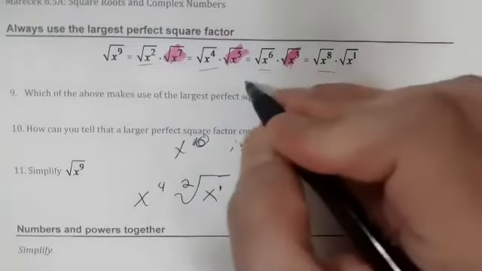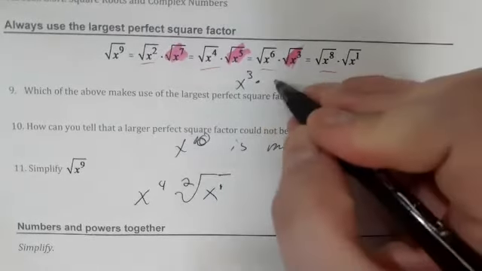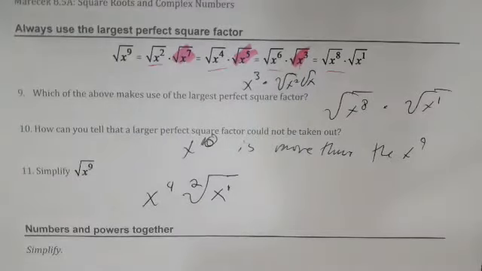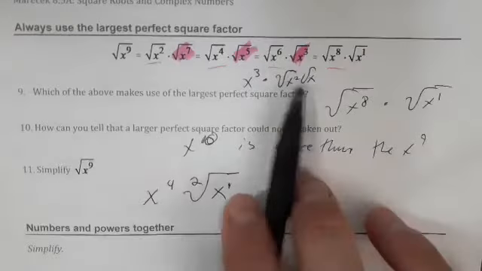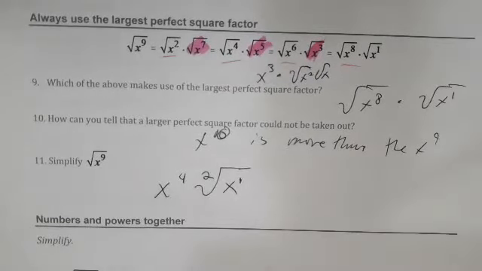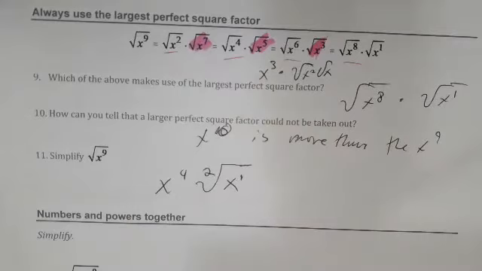So we have like X to the 3rd, X squared, X squared, X. And so this will be X to the 3rd times X times another X will give you X to the 4th. Okay. So these are not fully simplified. We can still take more X squareds out of these things.